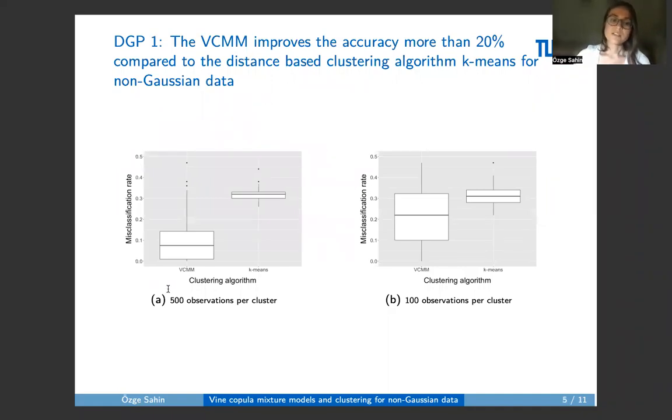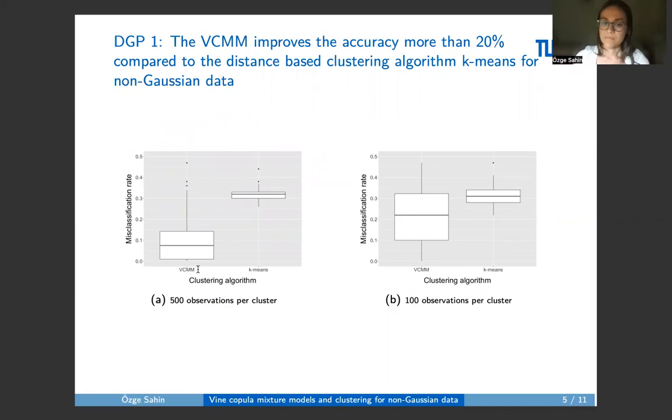On the left plot, we see the results for 500 observations, and on the right, the results for 100 observations, and we just use the misclassification rates. First of all, the VCMM is always better than k-means in both scenarios, but the variance for both algorithms increases as the sample size decreases.